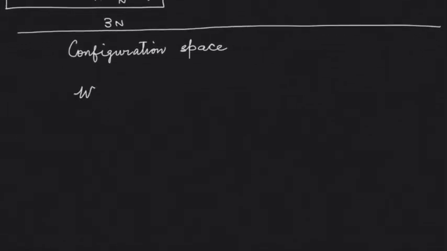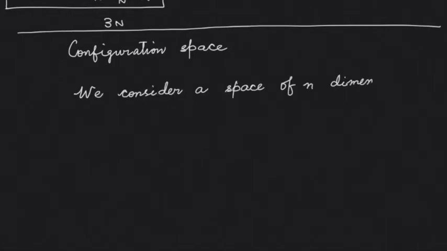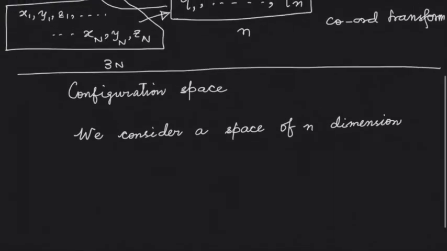We consider a geometrical construct, or a space, of n dimensions. This is something that you have already studied, and it has the same dimensionality as the number of generalized coordinates. That is not good enough, because we have seen that the same space can be seen from many different coordinates.